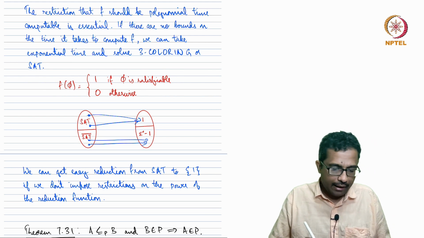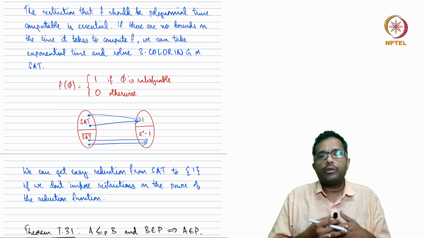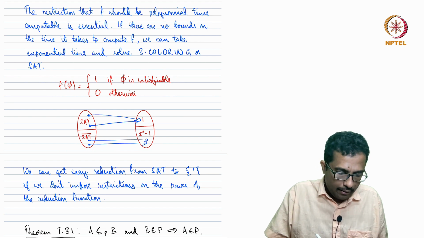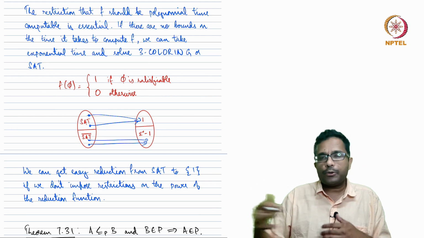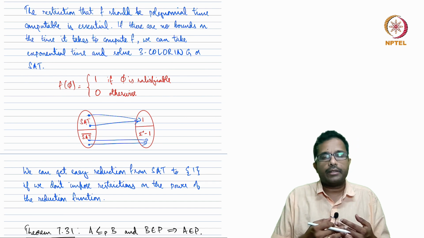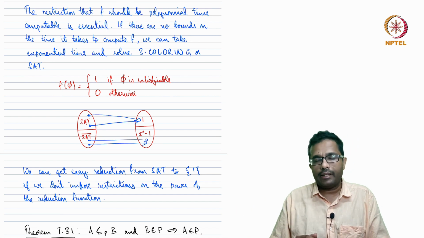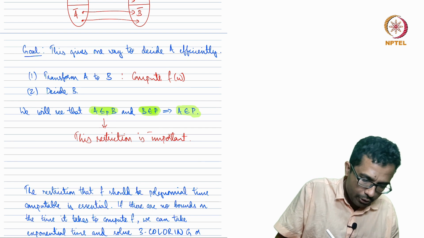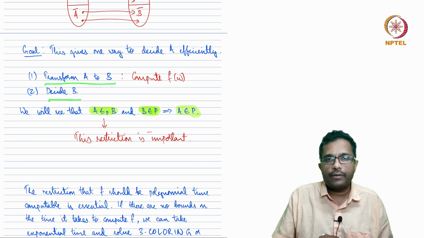So now you see that our goal was to efficiently decide a language A, which means all the steps should be efficient. I should be able to efficiently compute the transformation and efficiently decide B. So both the steps here, the transformation from A to B and the decision of B, should be efficient.